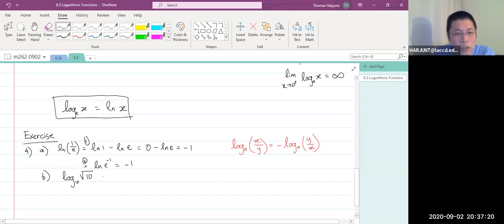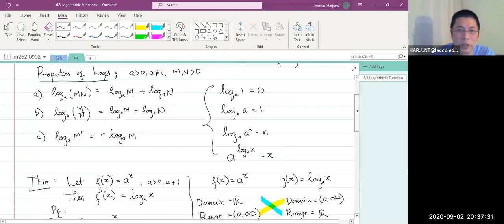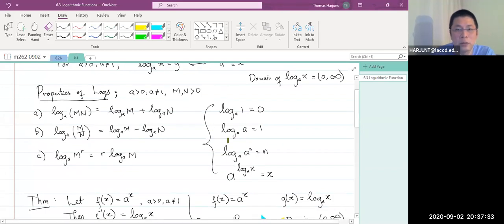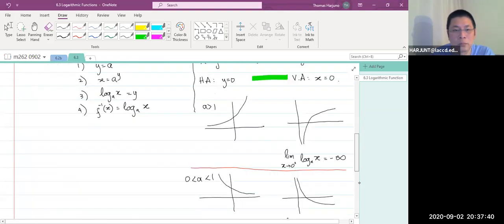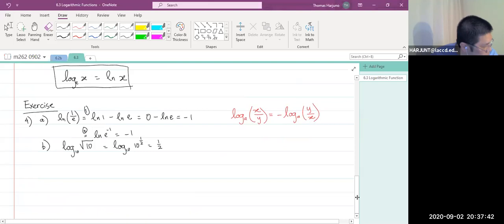How to do this one? This is log base 10 of 10 to the 1/2, which is 1/2 according to our basic property. That's for number 4B. How about number 6A?